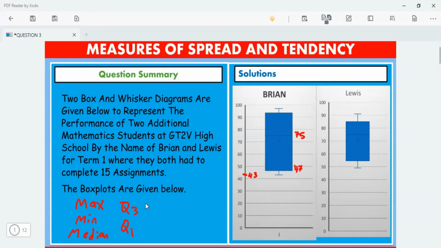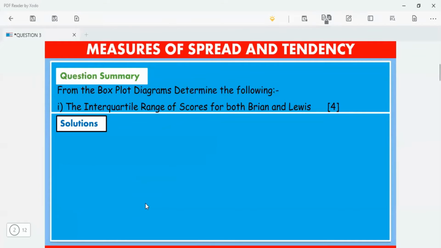The upper quartile here is greater than 90 but less than 95, so I'm going with maybe 92 or 93. I'll work with 92. And then finally, the maximum, greater than 95, I'll go with 97. Good. So work out the interquartile range of scores for both Brian and Lewis.